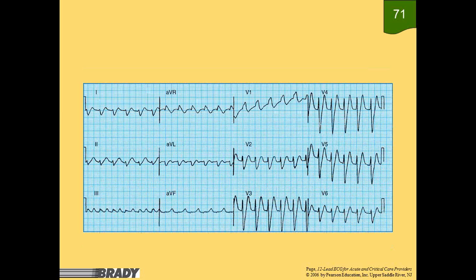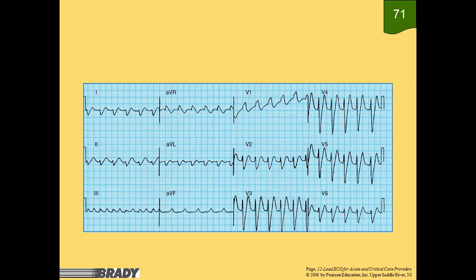First of all, we've got wide complexes. We can see that. So let's measure our axis deviation. Let's look at 1, 2, and 3. 1 is down. 2 is down. And 3 is up.